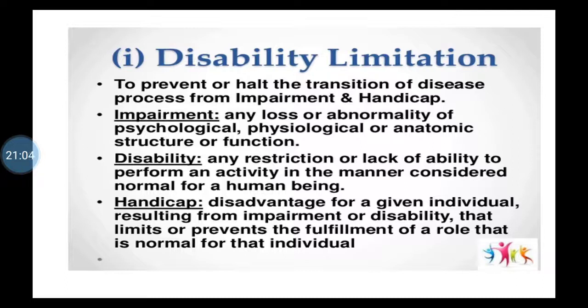Then handicap, a disadvantage for a given individual resulting from impairment or disability that limits or prevents the fulfillment of a role that is normal for that individual. So this is the meaning of impairment, disability and handicap. These are to be prevented, and this can be done by tertiary prevention.